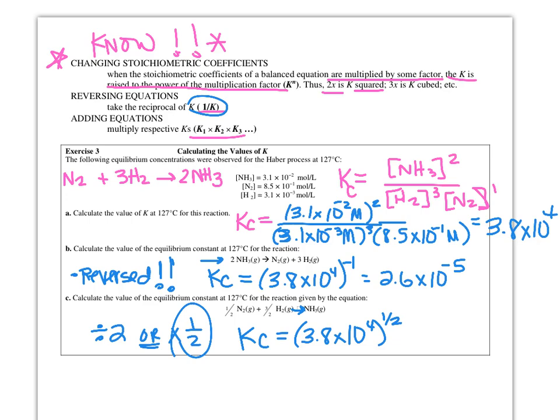Hopefully you guys remember that from math. You can easily put it in your calculator and just raise it to the 1/2, and that would be the same thing as square rooting. So when I find my answer to this with 2 sig figs, it's going to be 1.9 times 10 to the 2nd for that K value. So this equation has a K value that is equivalent to this. It's just taking it to a factor based on whatever our reactants and products are. It's adjusting that factor.